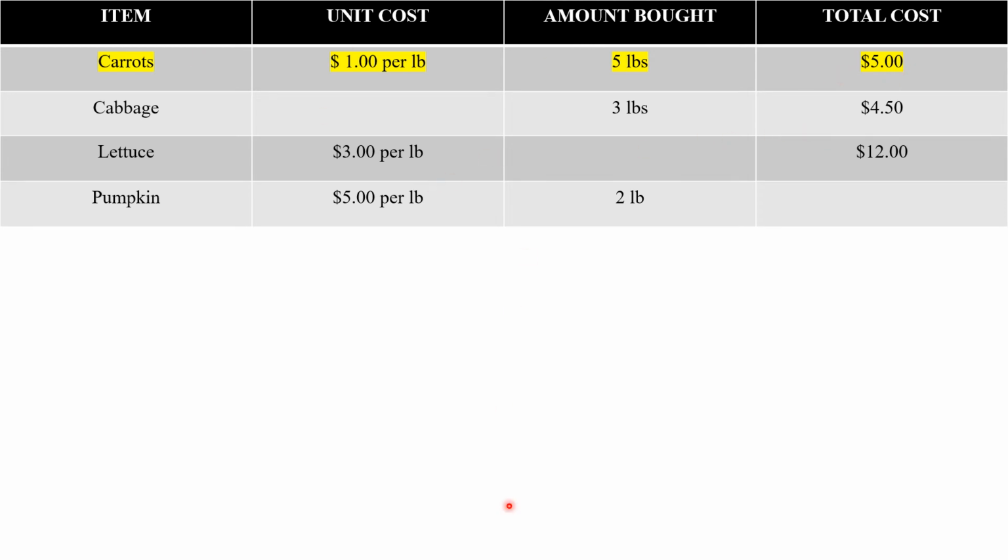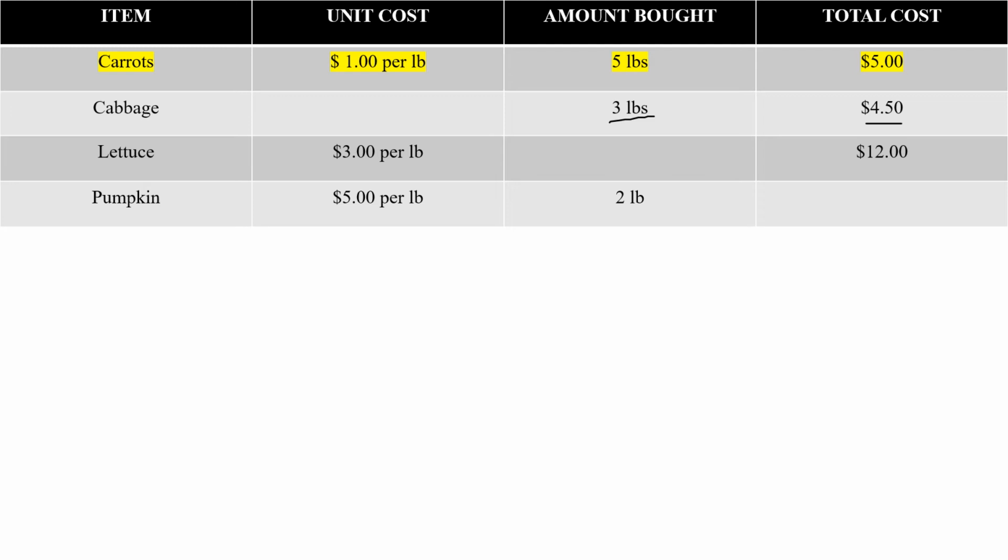And now let's do the rest, and the rest is a matter of algebra. So here we have the total cost being 450, and we know that this person is posting 3 pounds. So we know 3 pounds cost 450. So then the question comes, how much for the unit? How much for 1 pound?